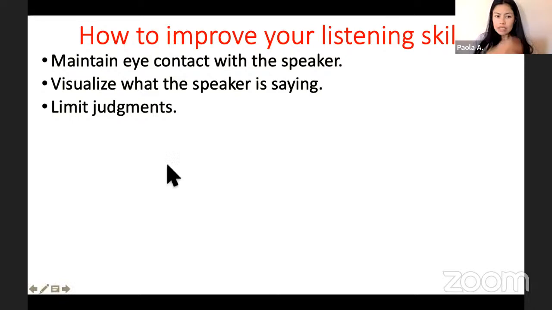Next one, it's something maybe cultural. Sometimes when people are talking, we can start to make some judgments, but we should always try not to do that, especially because if eventually you go overseas, or go to live in an English speaking country, you will meet a lot of people that come from different cultures, right?